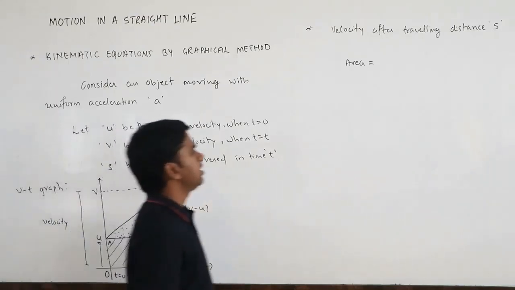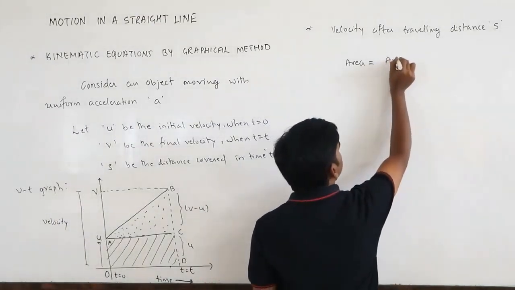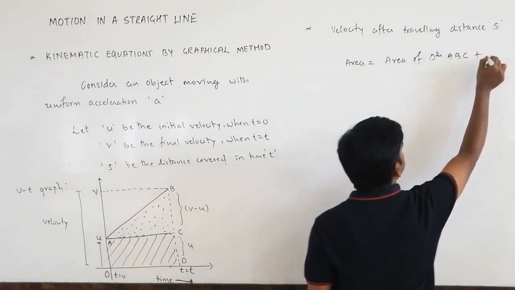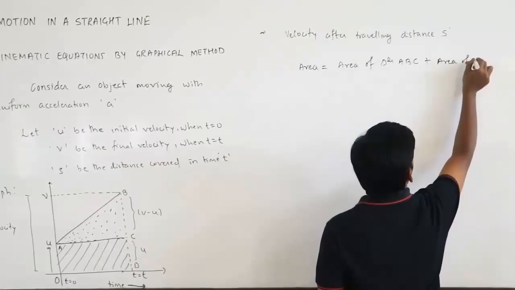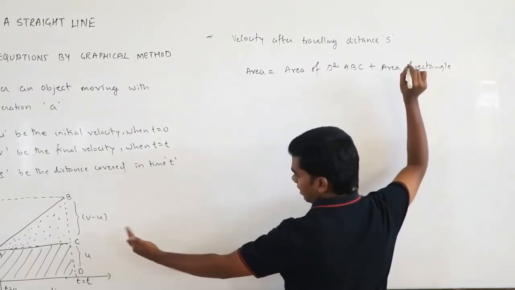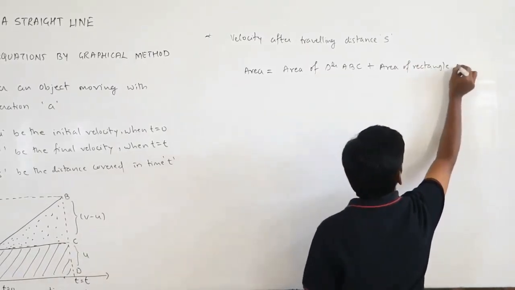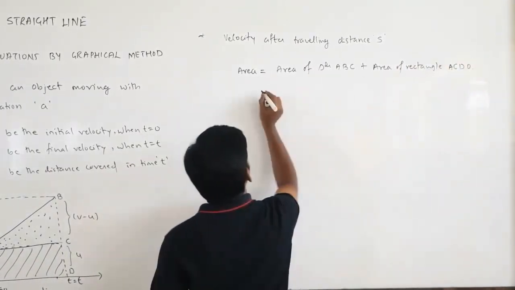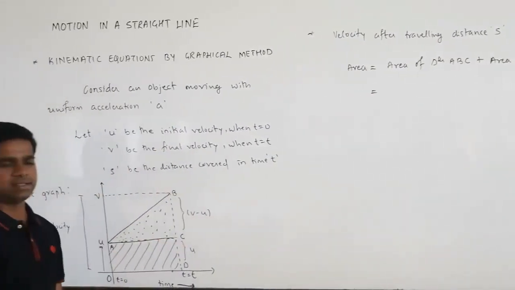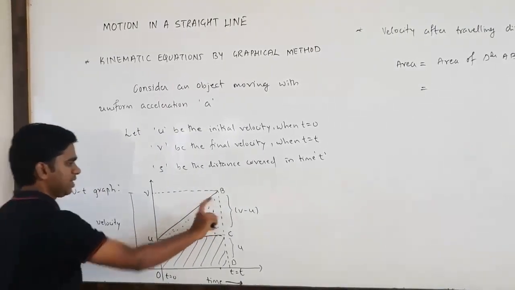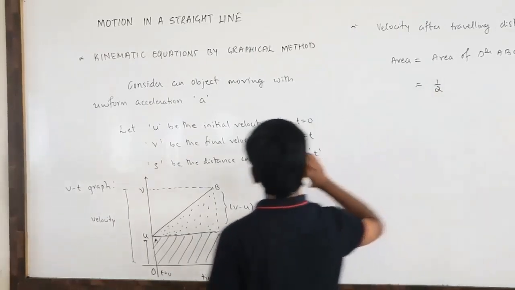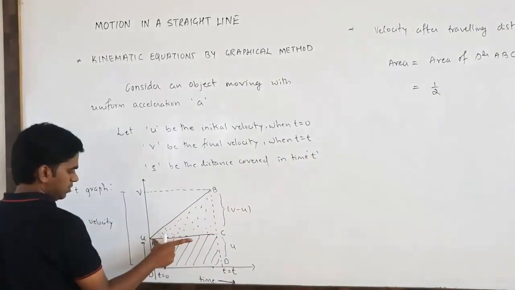So I can write it as area of triangle ABC plus area of rectangle ACDO. Area of triangle ABC is the same as what you did in the last equation: half into height BC into AC.